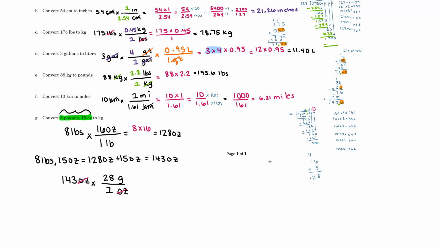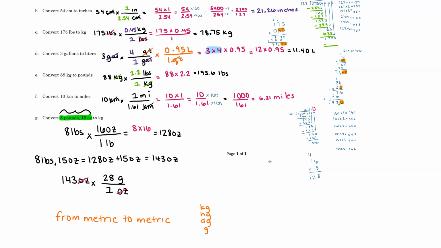So now we also know from the metric chart that we have kilograms, hectograms, decagrams, and then grams.